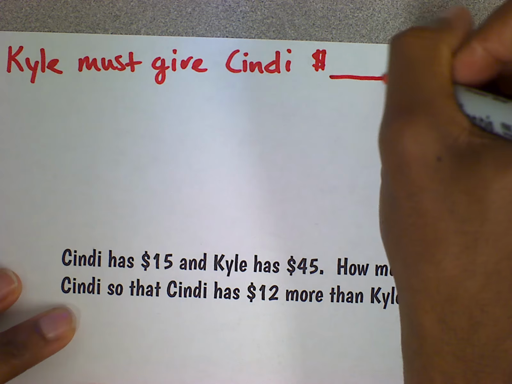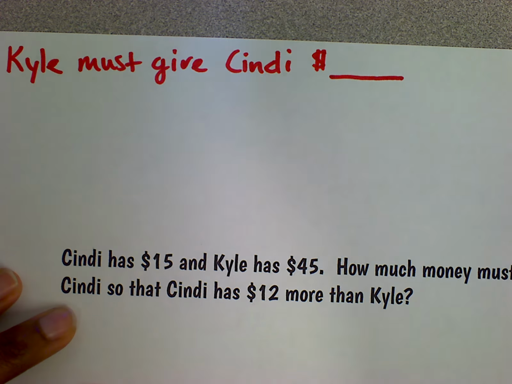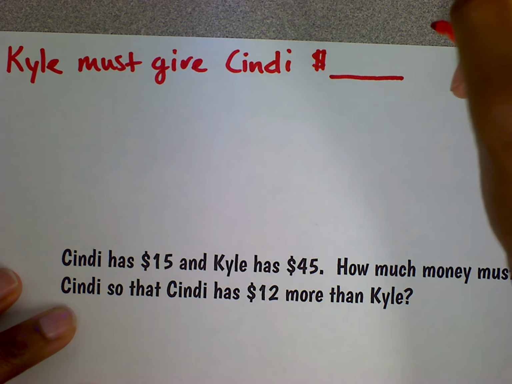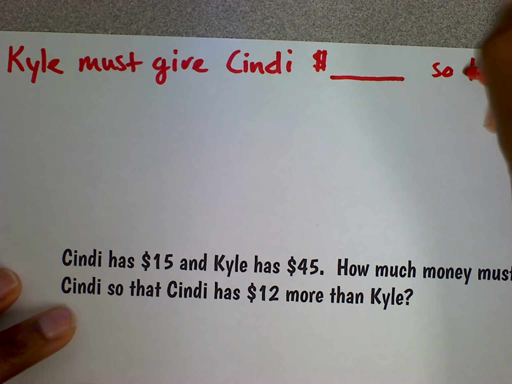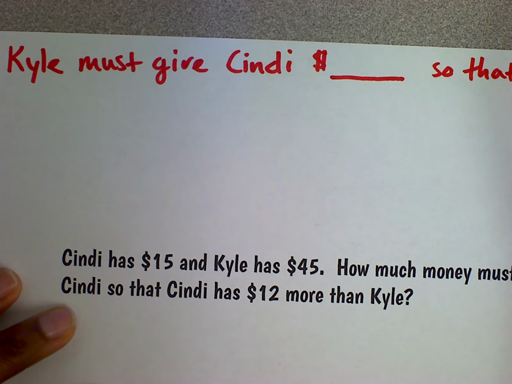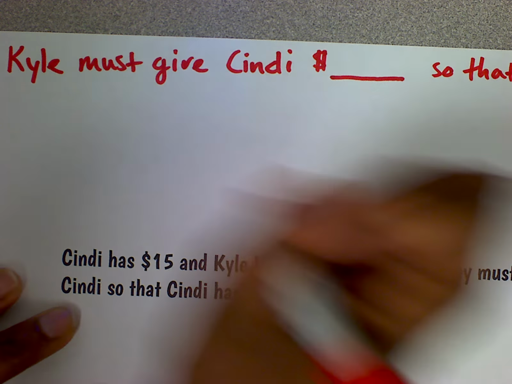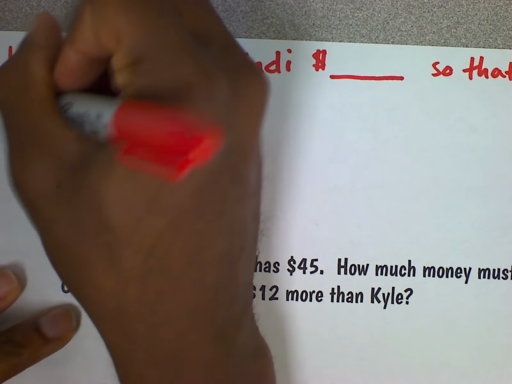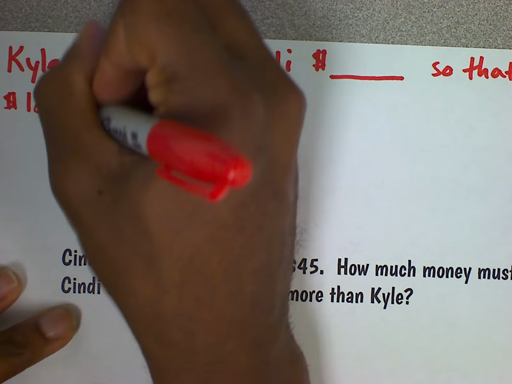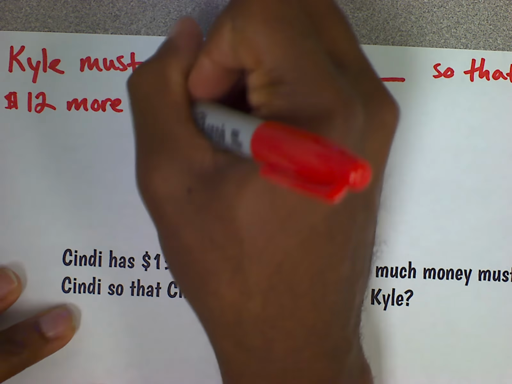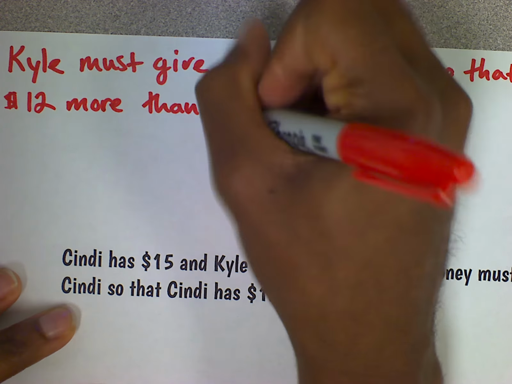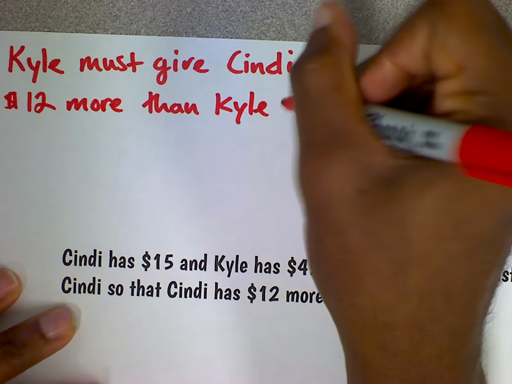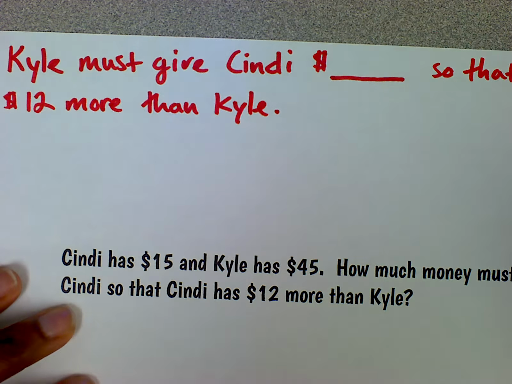So, because we're trying to figure out how much he has to give, so that Cindy has $12 more than Kyle. All right, so that's what we're solving and looking for.